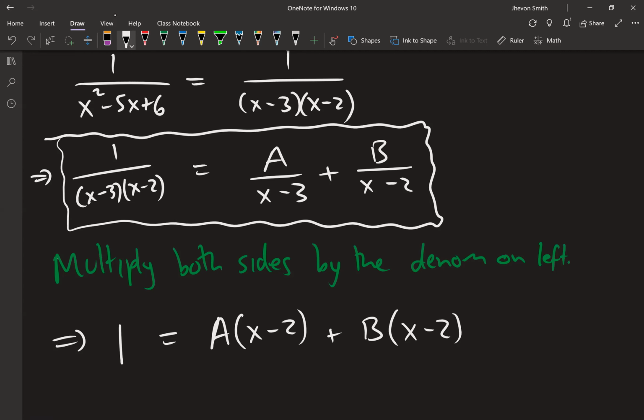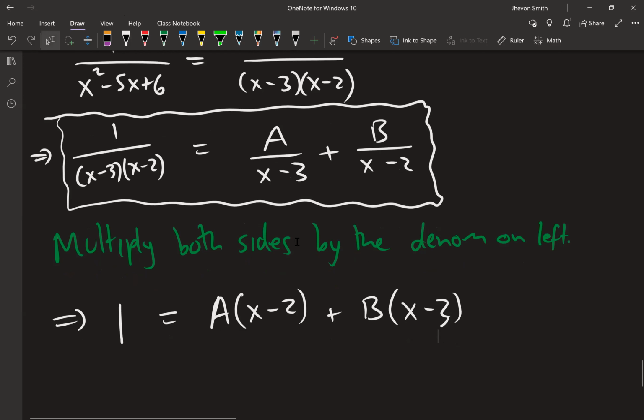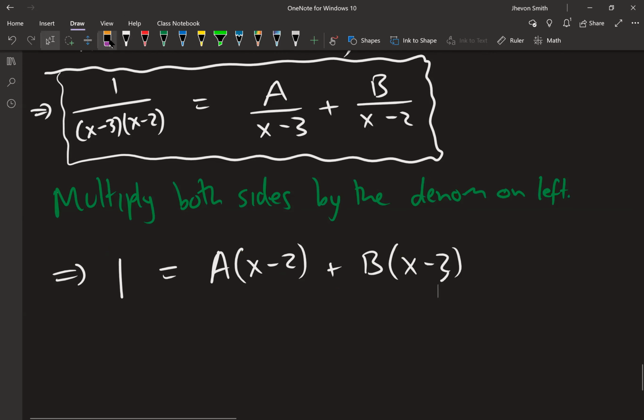When I multiply by x minus 3 times x minus 2, the x minus 3's cancel in the first situation and it leaves me with x minus 2, while the x minus 2's cancel in the second situation and it leaves me with x minus 3. So that is what you can get. So this guy is equal to that.